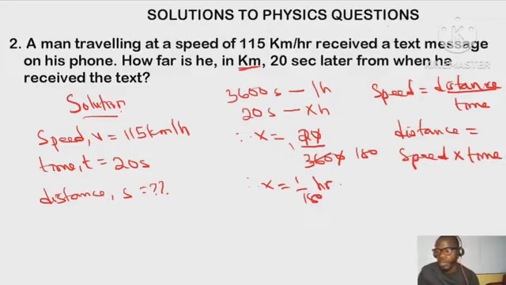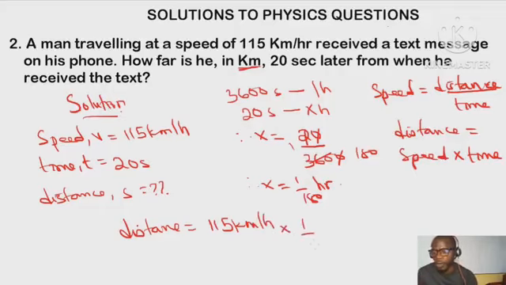So now what is the speed? Now we are looking at distance, because you have the speed now to be 115 kilometers per hour, then multiply by 1 over 180 hour.